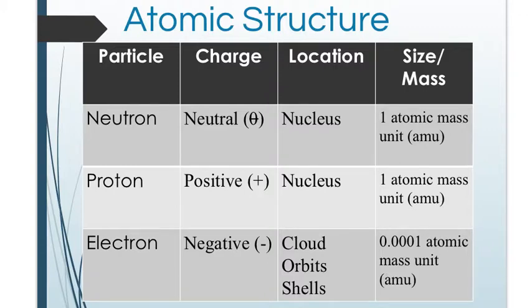If we look at electrons, they are negative. We find them in that cloud, or the hazy circular orbit around the nucleus, and they are 0.0001 atomic mass units, so very small compared to a proton and a neutron.